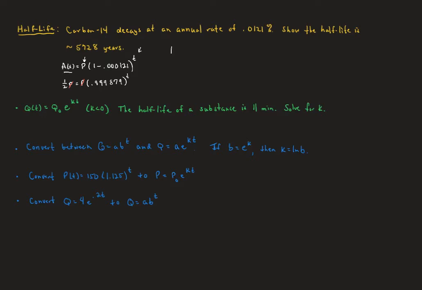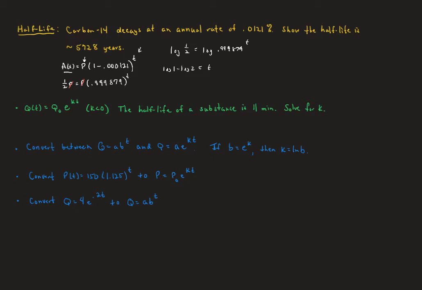So we can take now the log of both sides, and I'm going to just use this opportunity to use some properties of exponents on that left side there. And then we're going to get the log of 0.999879 to the t power. So on the left side, we can say that the log of a fraction is the subtract the logs, log 1 minus log 2.